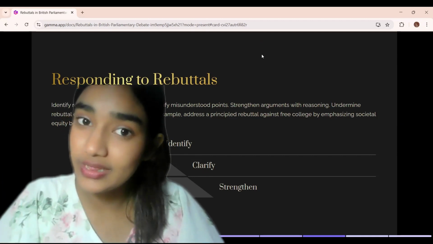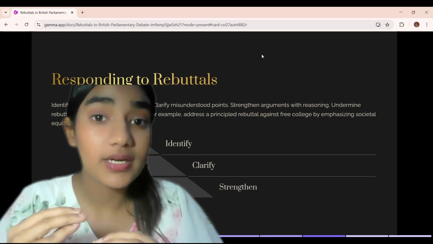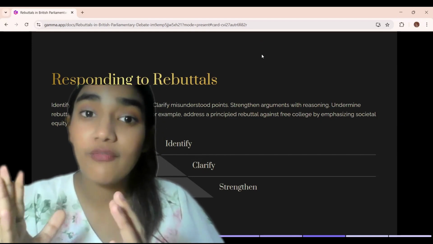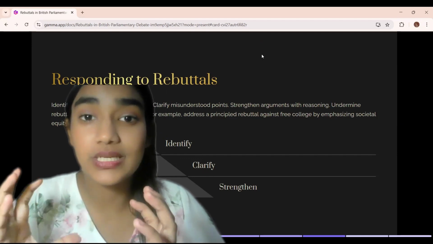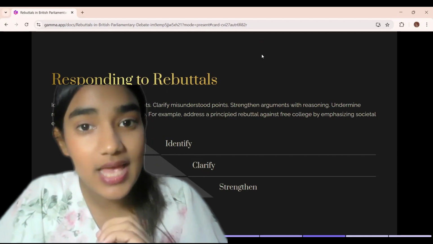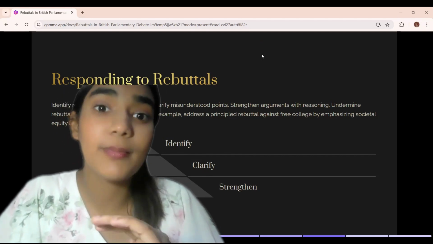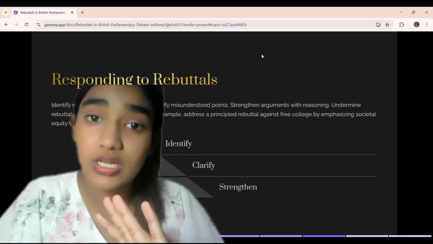And strengthen your case with examples. Even if you rebut, give more examples to prove your point, because examples play a very important role in a BP debate, or in any debate or public speaking you do. Examples explain things to the judges and give them the trust to believe in you. And that is something you have to earn in a BP debate.